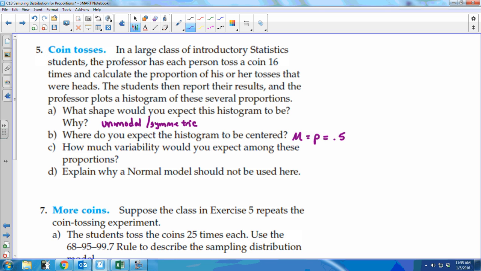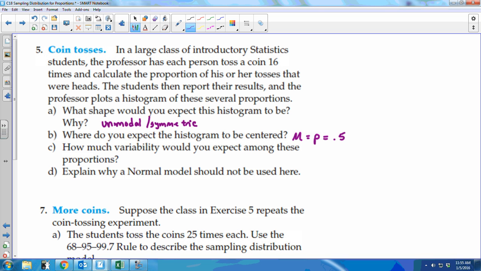On part C then, how much variability would you expect among these proportions? All it's really asking you is for the standard deviation. You have a measure of center, and you talk about shape, and we have to talk about spread too, right? Our measure of spread then would be the standard deviation. Since we're assuming it's unimodal and symmetric, and we know the center, we can treat this as a normal model, hopefully.